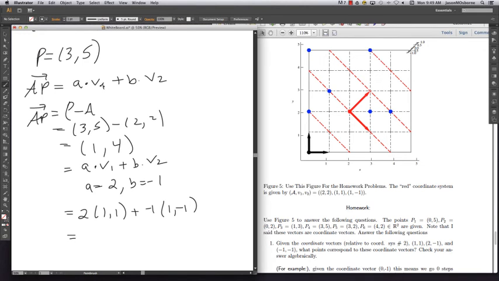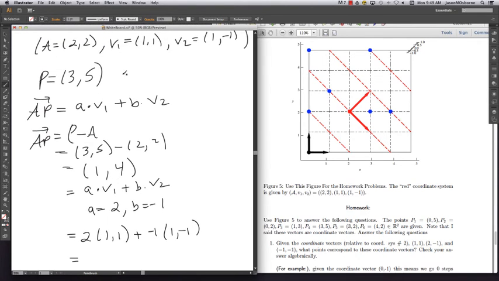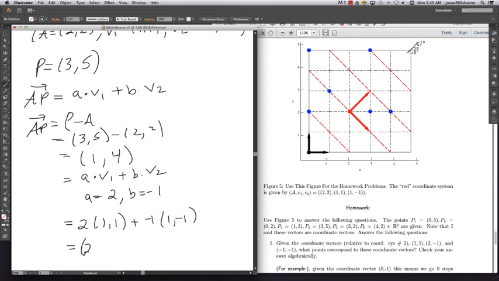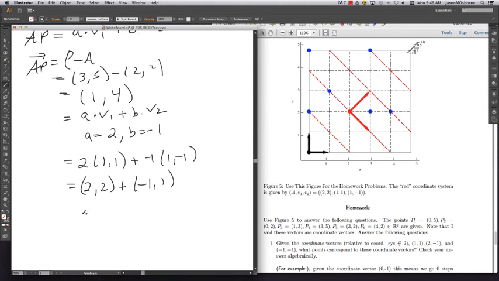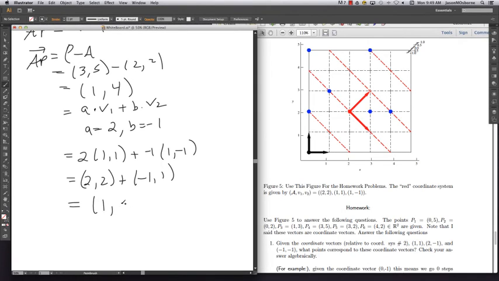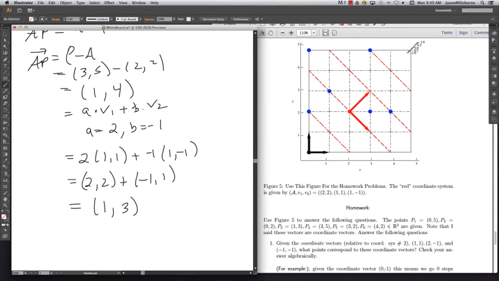So that was our choice of V1 and V2. So that would give you 2, 2 plus negative 1, 1. Add those together and you'll get 1 and, let me see, 1 and 3? Oh, sorry, 5 minus 2 is 3. I made a mistake there.